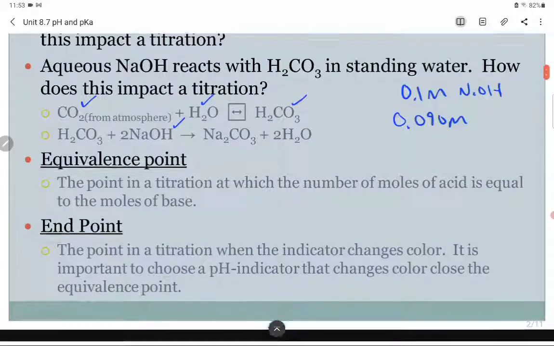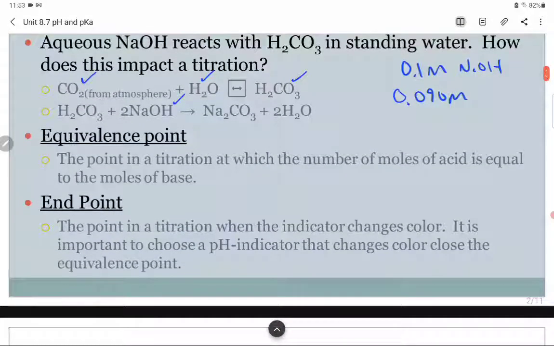Also, we can review again equivalence point and endpoint. Equivalence point is when, typically, if we're doing monoprotic acids and sodium hydroxide, the 2 moles are both equal. But if you're doing diprotic or something that has more than one OH minus, then we'll just call it equivalent.